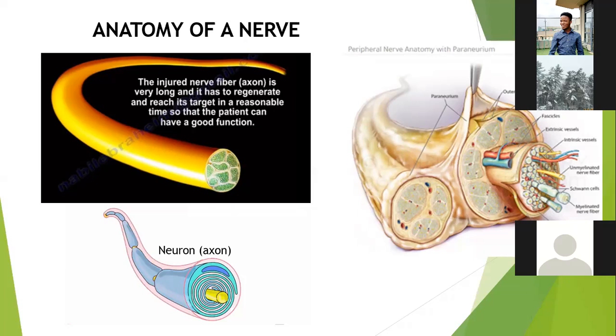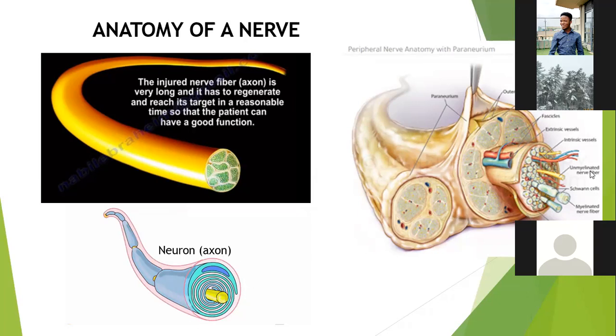Now, the other thing they have not shown here, or it is not visible here, is that when you have an axon and all this myelination, we usually have another thin membrane of connective tissue that surrounds these Schwann cells or the myelin sheath. And that is the membrane that is appearing pinkish in this diagram to the left.